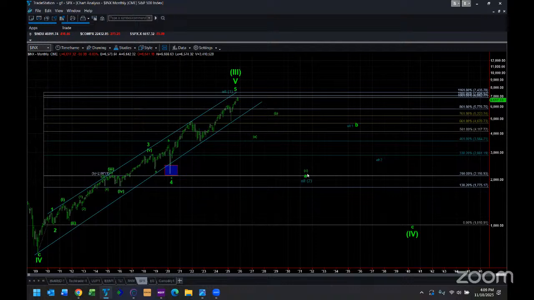That will be followed by another multi-year rally, could even be as long as a 5, 6, 7-year rally. I can't tell that for right now. And that will be followed by what probably would be the largest crash since the Great Depression.